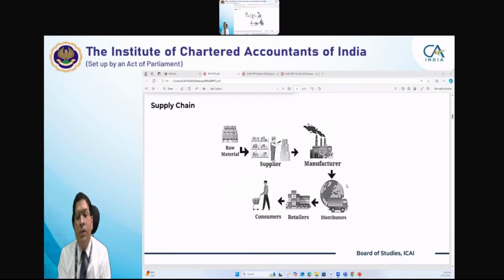In simple terms, a supply chain is the entire process that takes a product from raw material to final consumer. It includes raw material vendors, manufacturers, warehouses, distributors, and retailers. Every business depends on a well-functioning supply chain to stay competitive. Note, to stay competitive, you need a good supply chain.